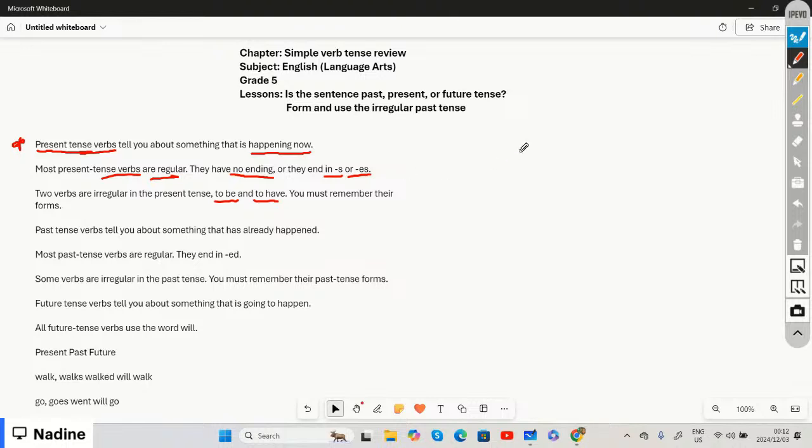So it basically says, for example, let's say, I walk to school or I walk to the store.